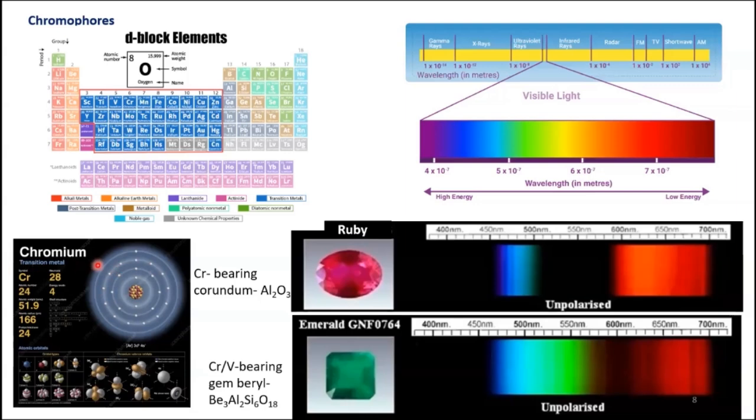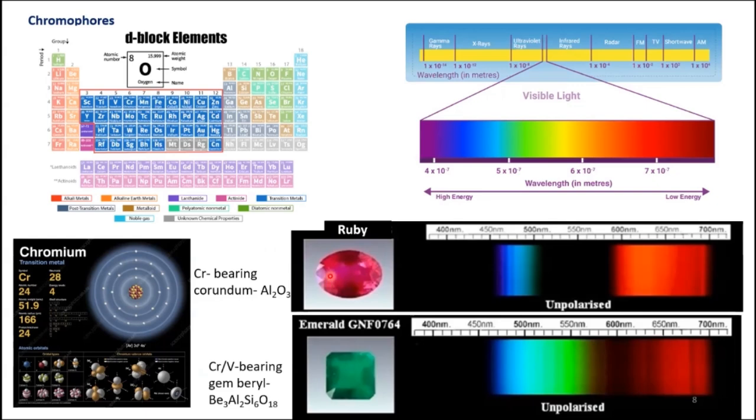As a result, these d block elements can absorb different wavelengths from the visible light spectrum, and the electrons can jump into different levels. So incorporation of these chromophores results in a beautiful color.